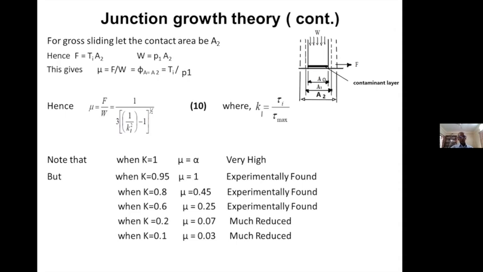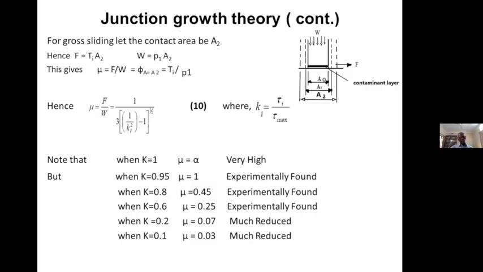So for cross sliding, the contact area is A2. Then we have F is equal to tau i, because it is the contaminant layer, into A2, and load is equal to P1 A2.